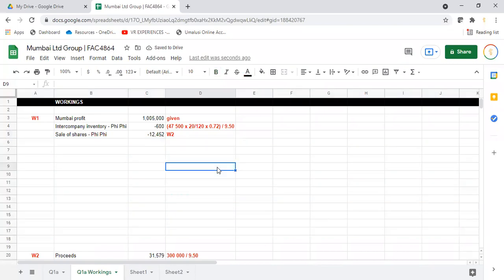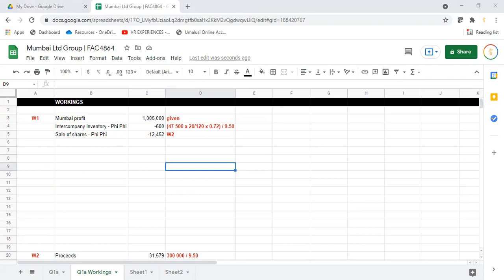So that is Mumbai's profit on intercompany inventory from Fifi and the sale of shares of Fifi. Now let's see if there's more for Fifi. We have covered everything relating to Fifi.